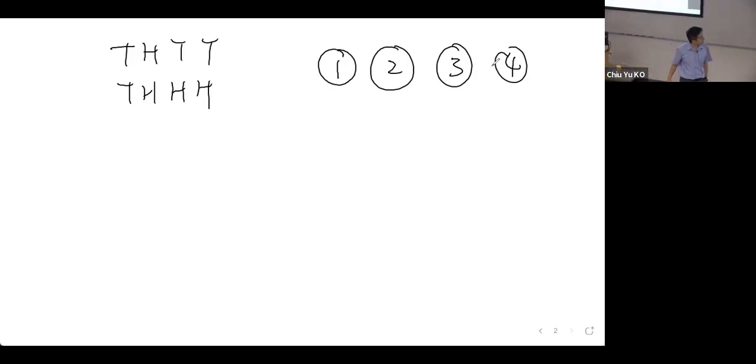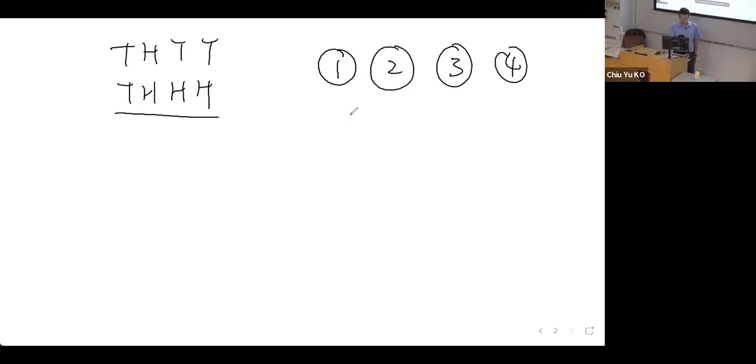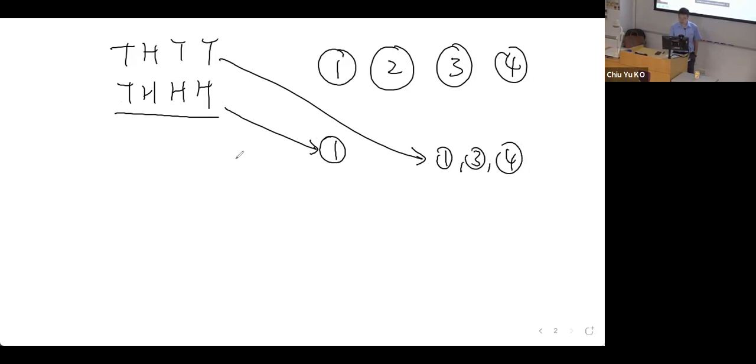If the first outcome is tail, we consider the first ball as being drawn. In this case, I consider balls 1, 3, 4 as being drawn. And if I have tail, head, head, tail, then I consider this the same as balls 1 and 4 being drawn.